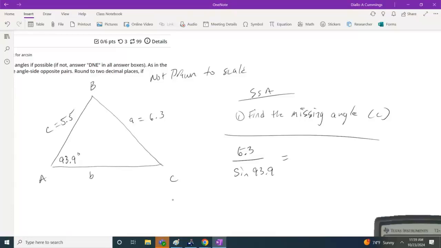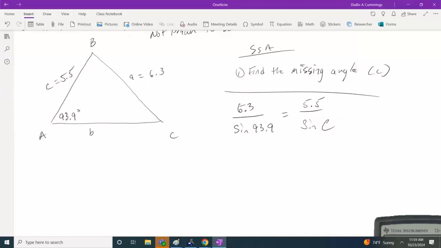I'm going to set that equal to side length C, which we do know, which is 5.5, divided by the sine of angle C, which is unknown. I'm going to cross multiply and divide. So 6.3 times the sine of C is equal to 5.5 times the sine of 93.9.